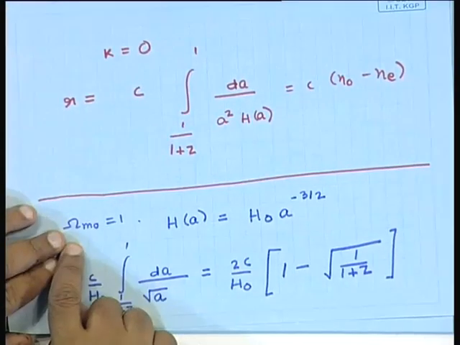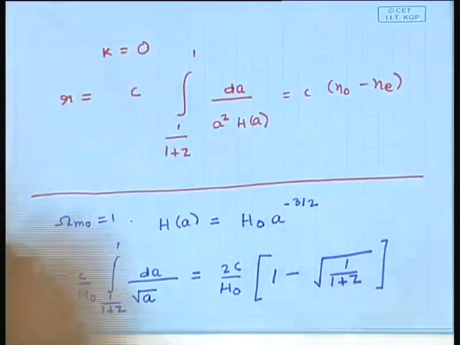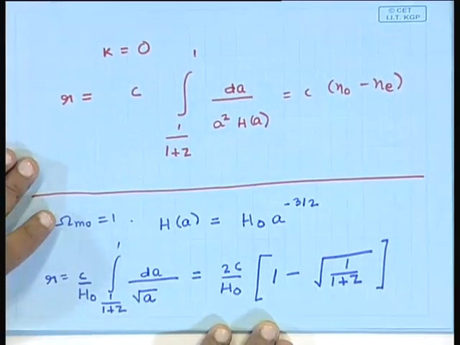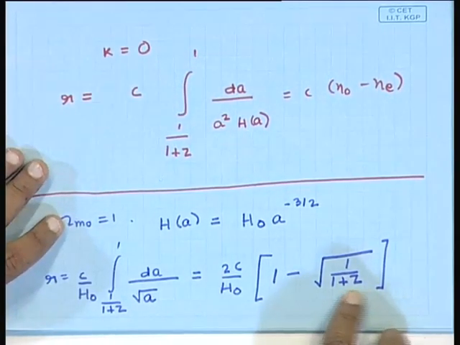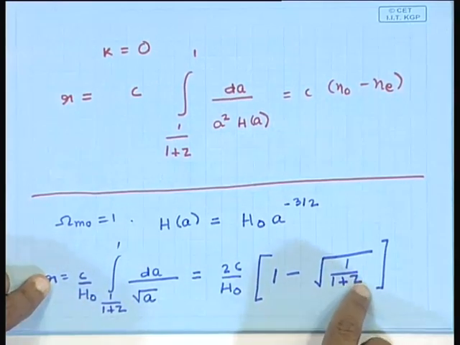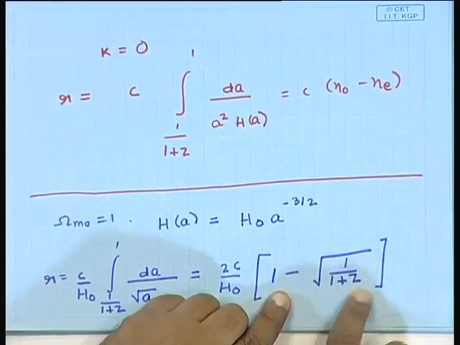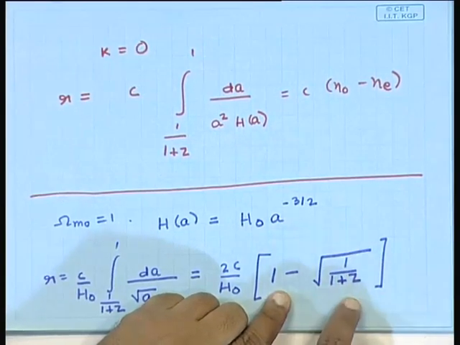Now, what about this expression, which is the correct expression in this particular model where the universe has only matter, omega matter equal to 1, it is spatially flat. Here at small redshift it matches with Hubble's law, but at large redshift let us see what happens. At large redshift this factor tends to 0 as z goes to infinity.